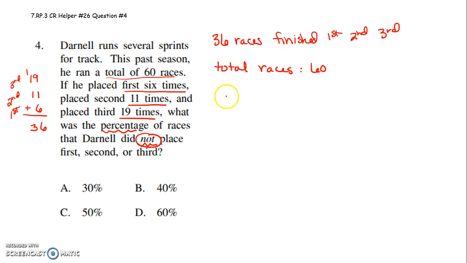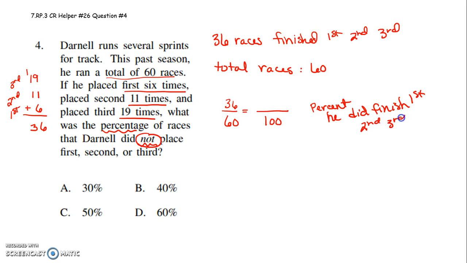So I have a couple of ways I can go about it. I could start with 36 out of 60. 36 out of 60 is what out of 100, and that will give me the percent he did finish first, second, or third, and then I'll just subtract to figure out the percent of time he didn't finish first, second, or third.